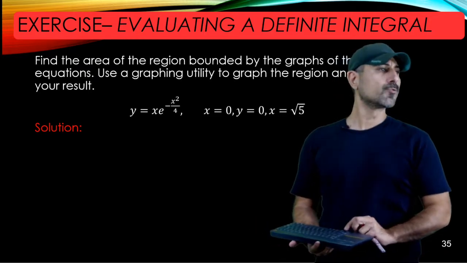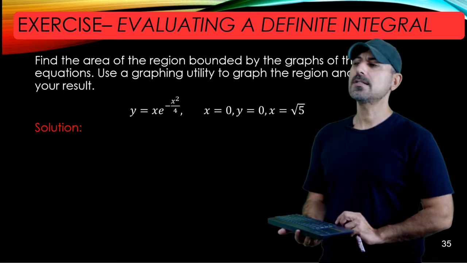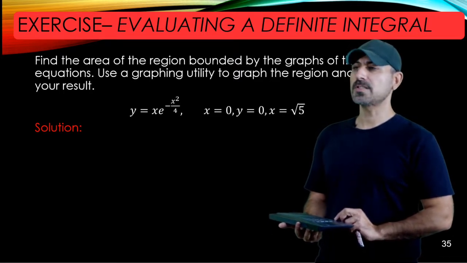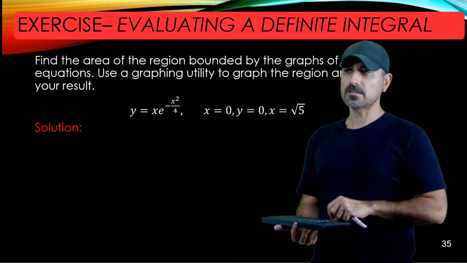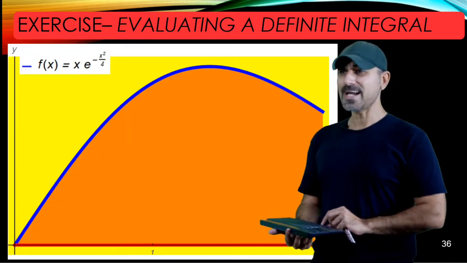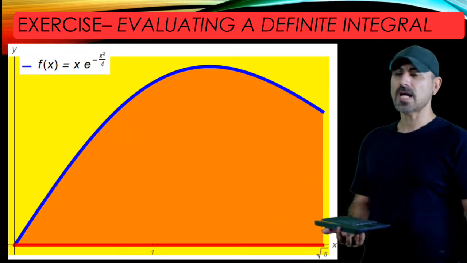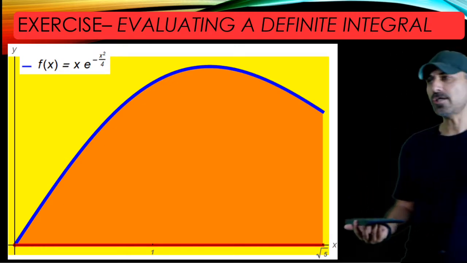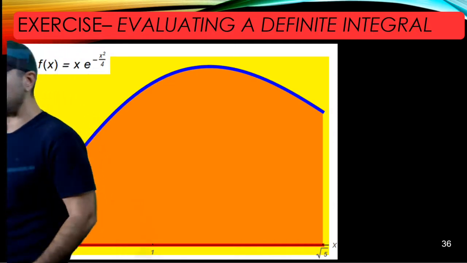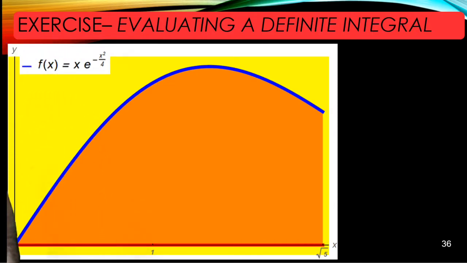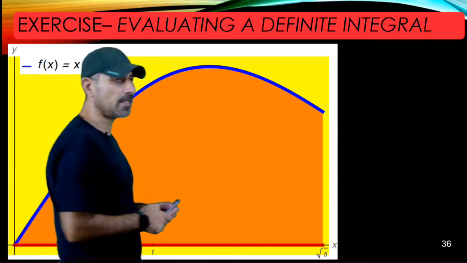So if we graph x times e to the minus x squared over 4, and the vertical line x equals radical 5 together with the x and y axes, we get this kind of region. And the area between the curve and the x-axis for those x values can be written in terms of an integral.